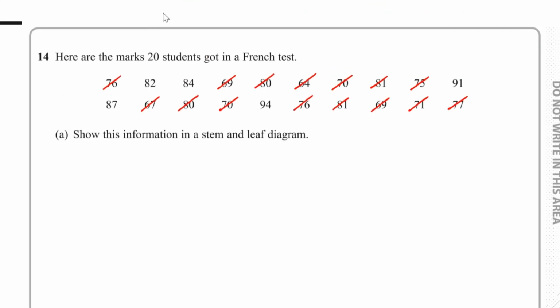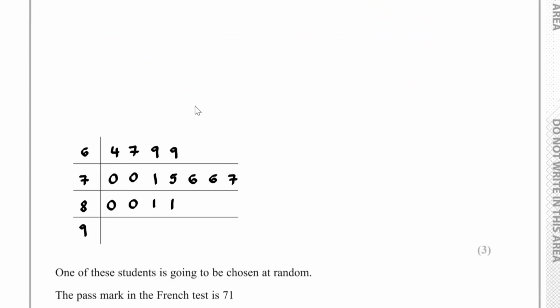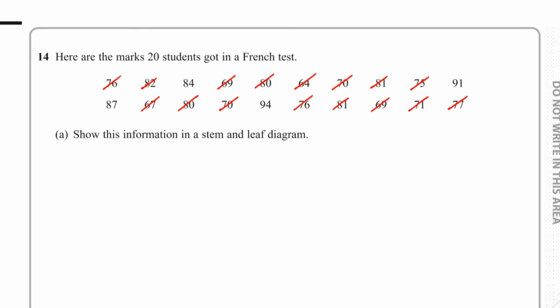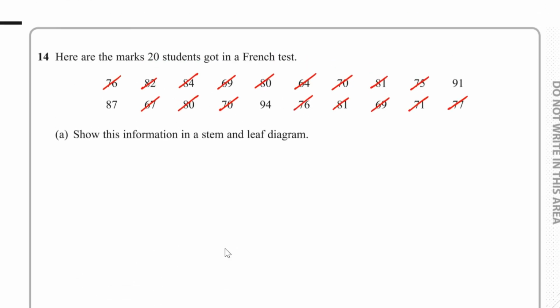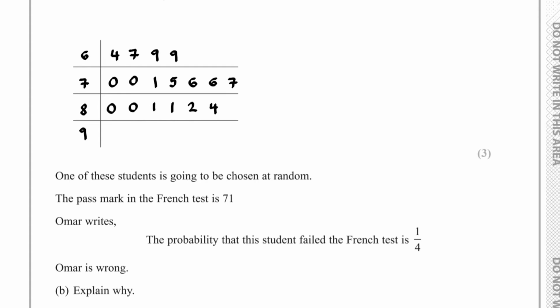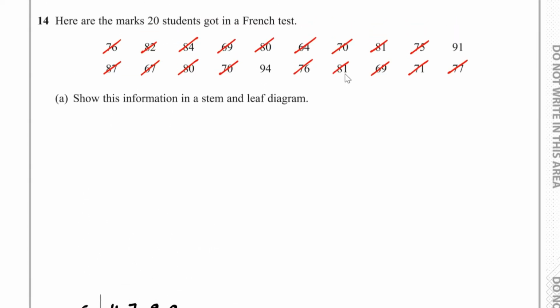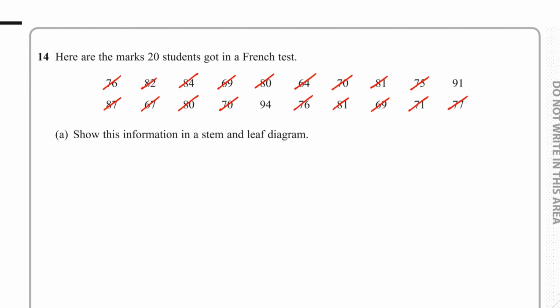And then we've got the 82. Then we've got the 84. And then we've got the 87. And then with the 90s, well, we've just got 91 and 94.